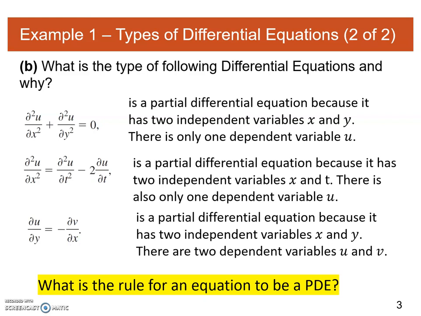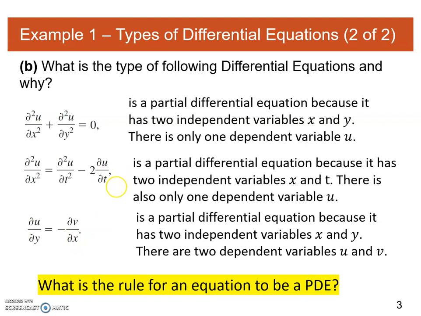Considering these examples, you can also think about a kind of rule by which you can identify certain equations to be an ordinary differential equation or a partial differential equation. In this course, we will be discussing mainly the ordinary differential equations.